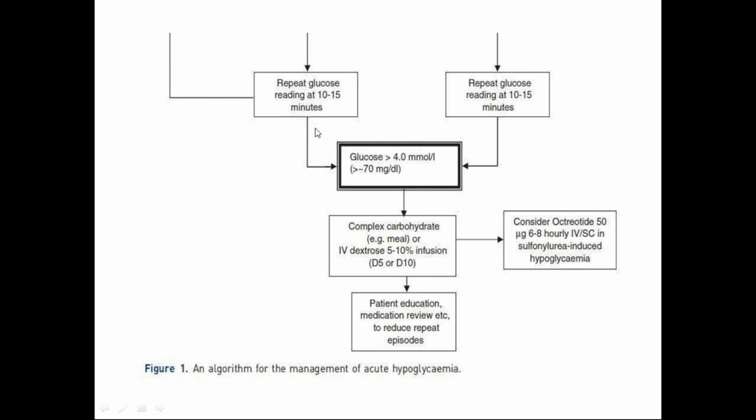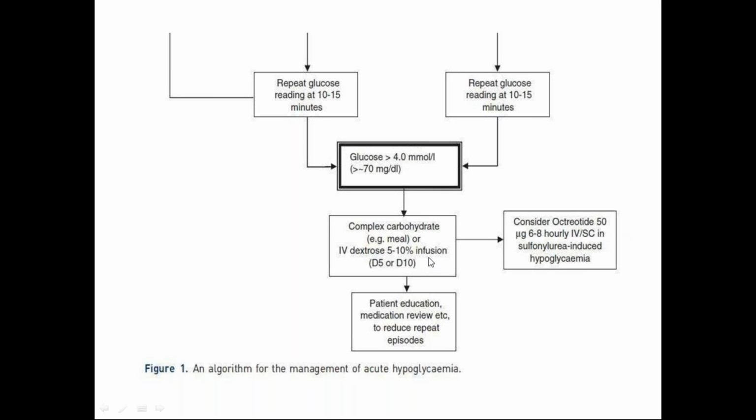We have to keep repeating the glucose readings at 10 to 15 minutes. And if they are okay, like if they go above 70, then we can ask the patient to eat, or if the patient is still unconscious, we can start a lower level like 5D. We use 5D, or even DNS can be used, normal saline with dextrose, so that we can hook up to the patient.